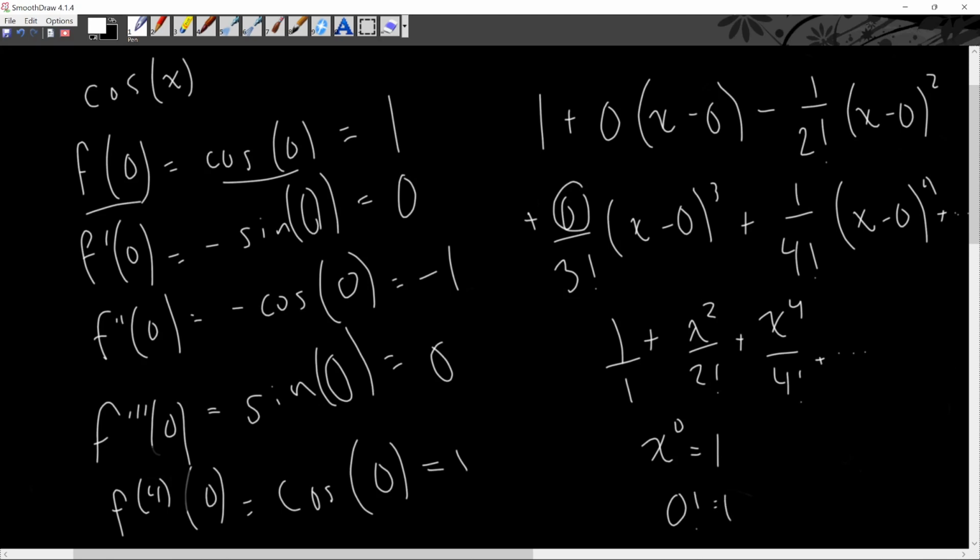Now I'm hoping that you see sort of what this looks like. Wait, I don't think this is correct. Hold on. Oh, shoot. Yeah, no, this is like the hyperbolic cosine. Sorry, this is minus right here, right? It's getting late. So we have 1 minus x squared over 2 factorial plus x to the fourth over 4 factorial. Now this is more accurate.